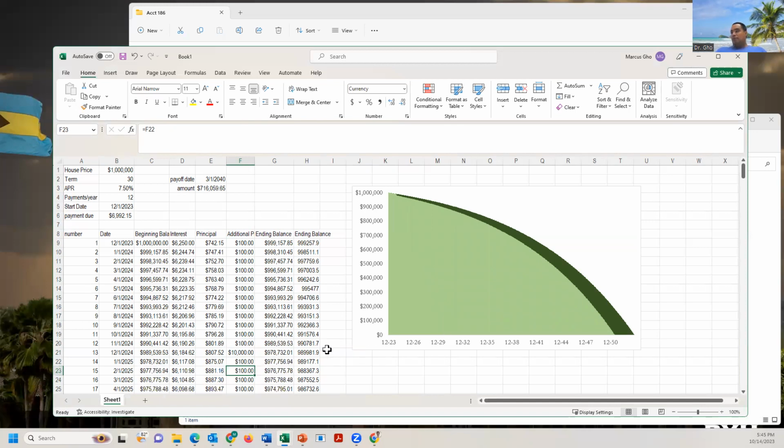And the more additional principal payments you make, the faster you'll pay it off. Anyways, I hope this tutorial was useful, and that it can help you with creating an amortization table when you do your own personal budget. And you could use this for any type of loan that you borrow money for.